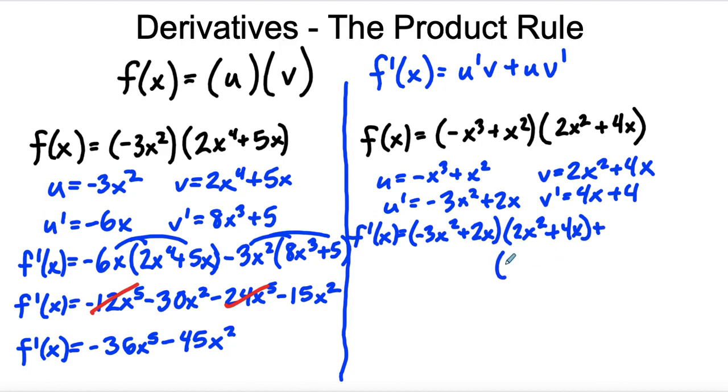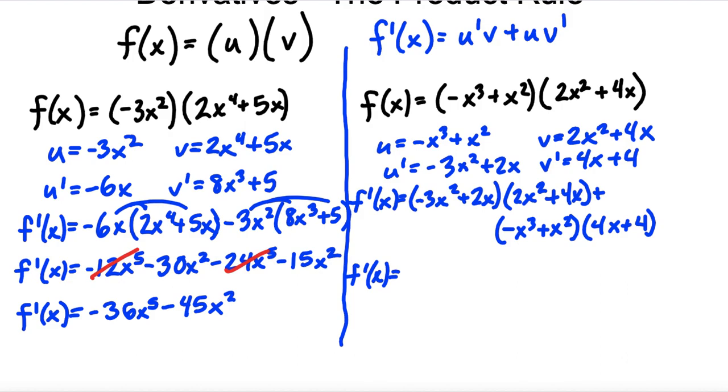We have u, negative x cubed plus x squared, times v prime, which is 4x plus 4. So we have u prime v plus u v prime. We're going to have 8 terms here for a minute, but I'll show you how you can simplify these and have it work out where it's not too bad by the end.